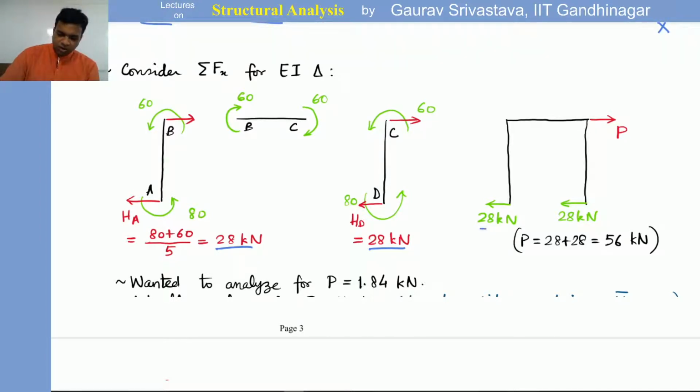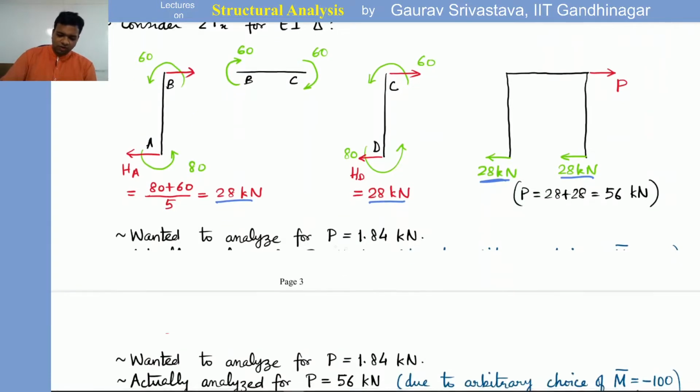So the horizontal reactions are 28 and 28. So what it means is that by assuming minus 100 as the moment, okay, what is the force that we have solved for? Okay, so we wanted to solve for a case where the net applied p is 1.84 kilonewtons.